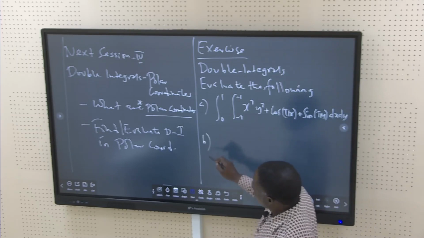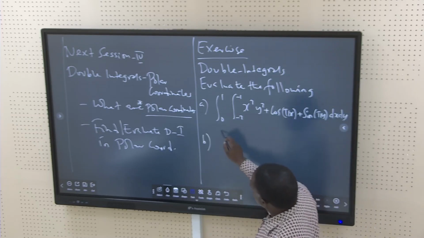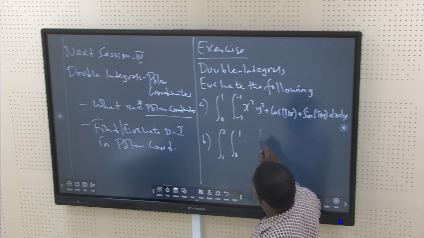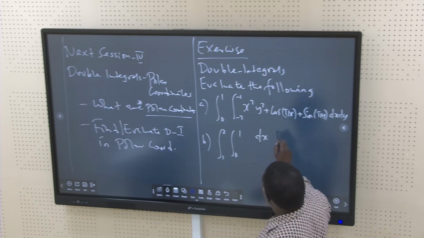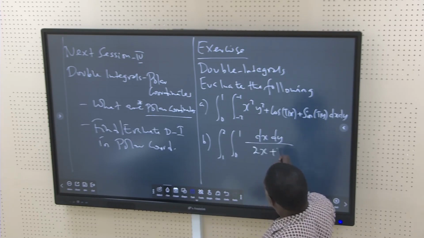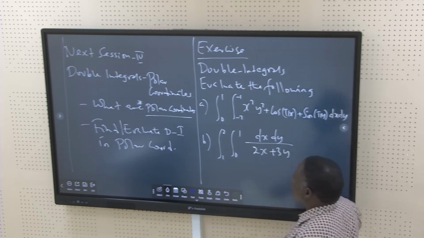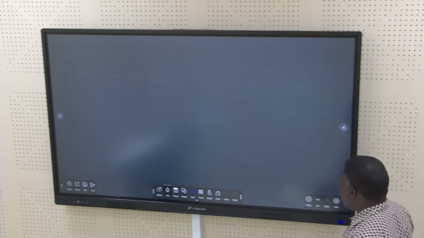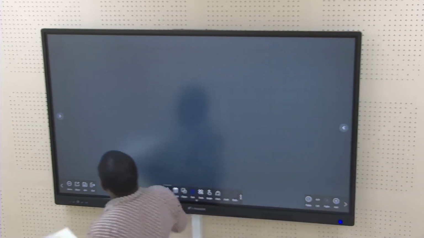And B: evaluate from 1 to 2 and from 0 to 1 of 2x plus 3y, dx dy. This is in double integral.